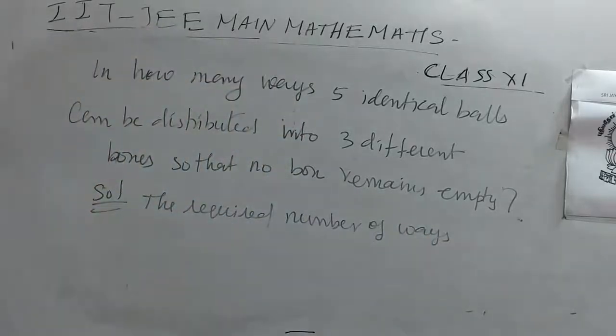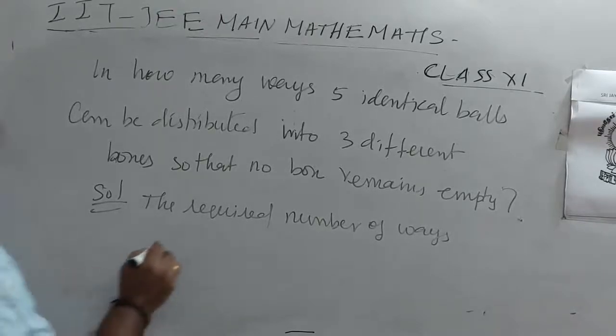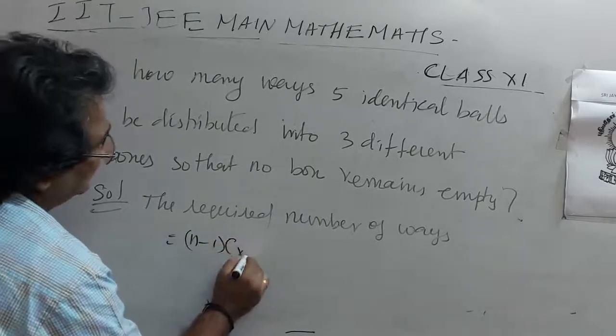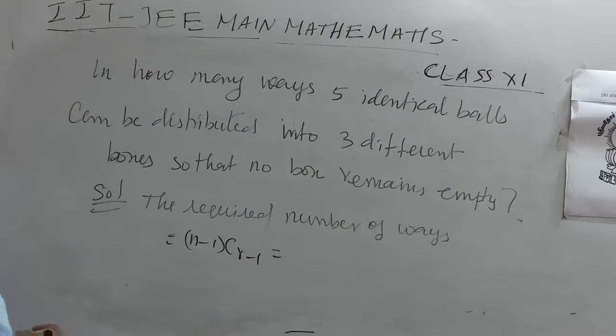The required number of ways: empty is not allowed, so n minus 1 C r minus 1.